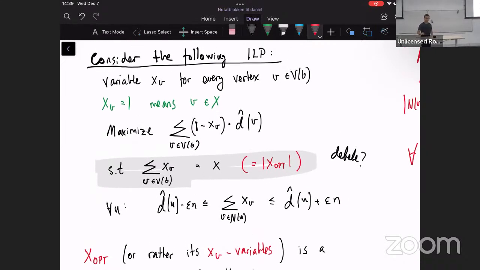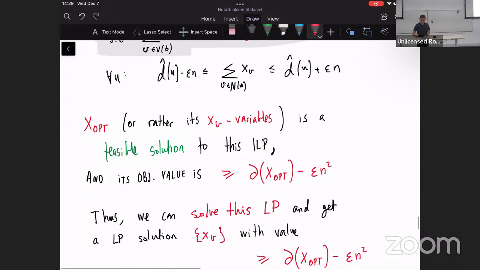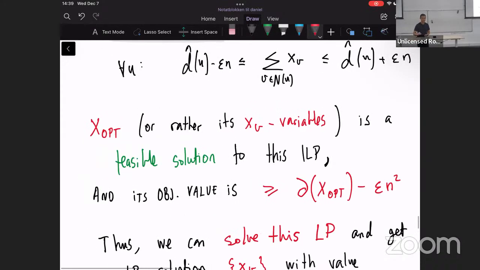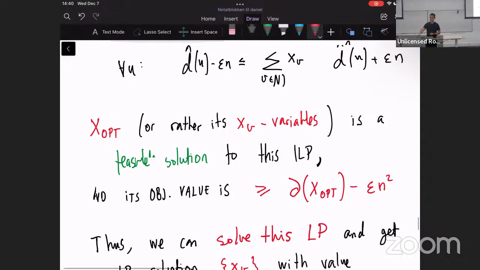So the first observation we want to make is that the unknown optimum solution X is actually a feasible solution for this LP, and its objective function value is fairly close to the actual cut. Okay. First, why is it feasible? So now look at the constraints.